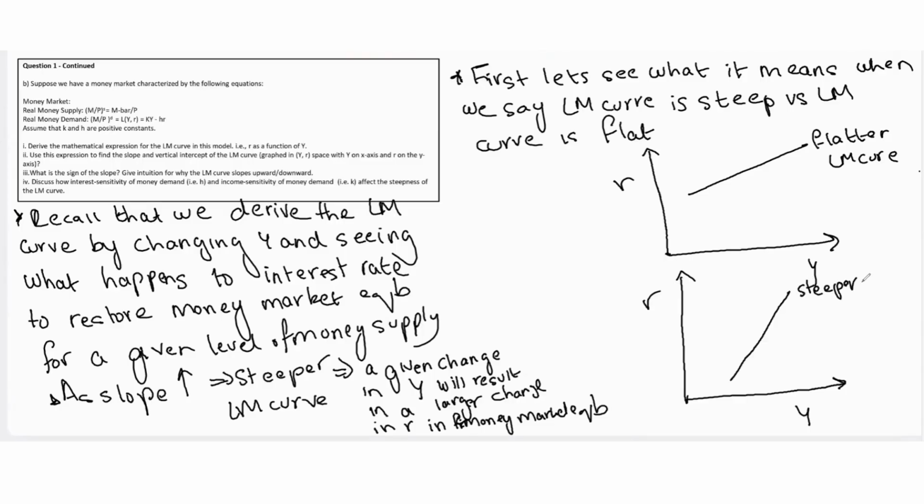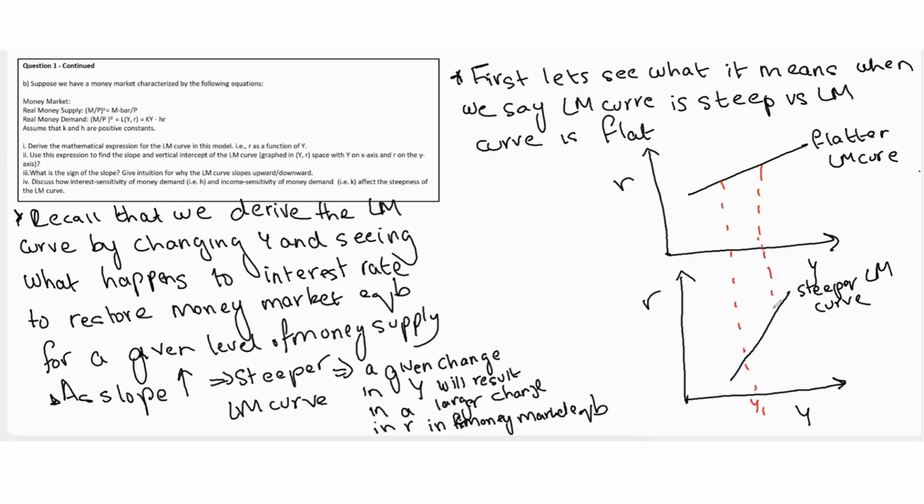So this is a steeper one, right? This is a larger slope, a steeper LM curve. So now in both cases, let's change output. Let's say we increase Y from Y1 to Y2 in both cases. Let me just connect this.